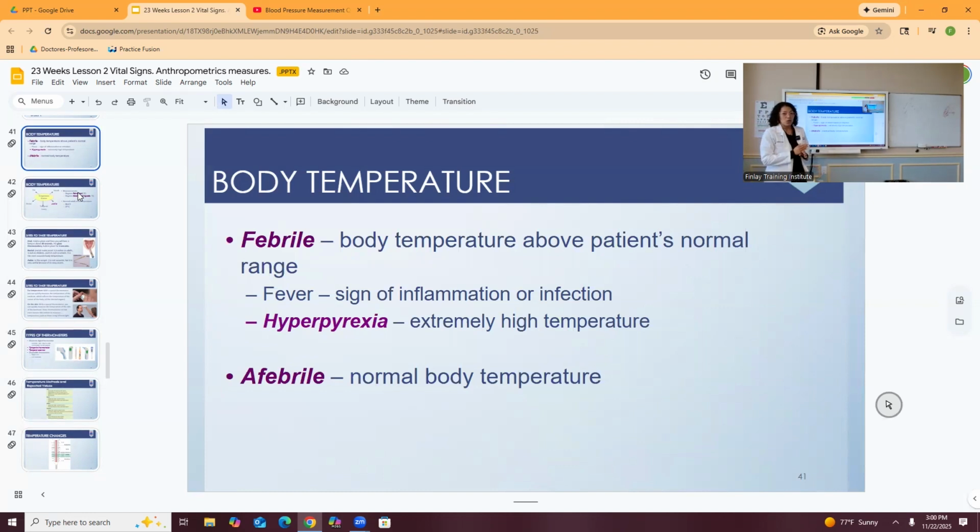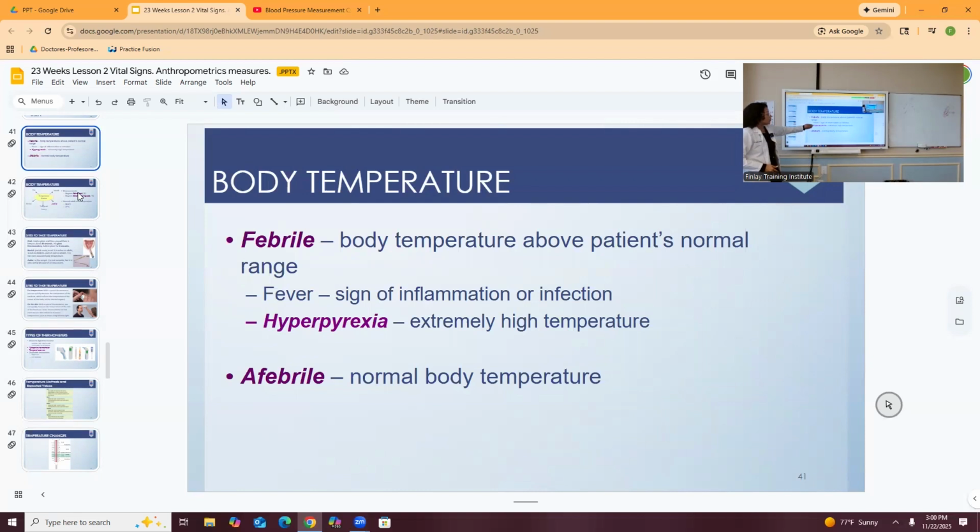A means none, febrile is fever. So without fever, that's normal. We normally don't have fever, don't have elevation of the temperature. And our second state then is going to be the febrile state. In the febrile state, we are going to identify elevation of the normal temperature, meaning above 100.4.